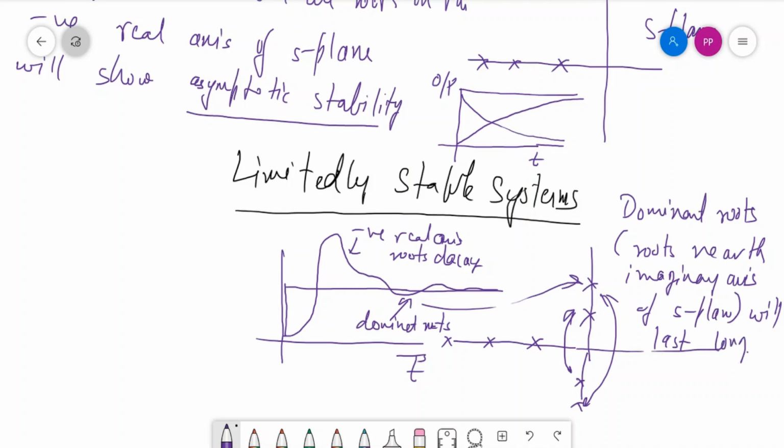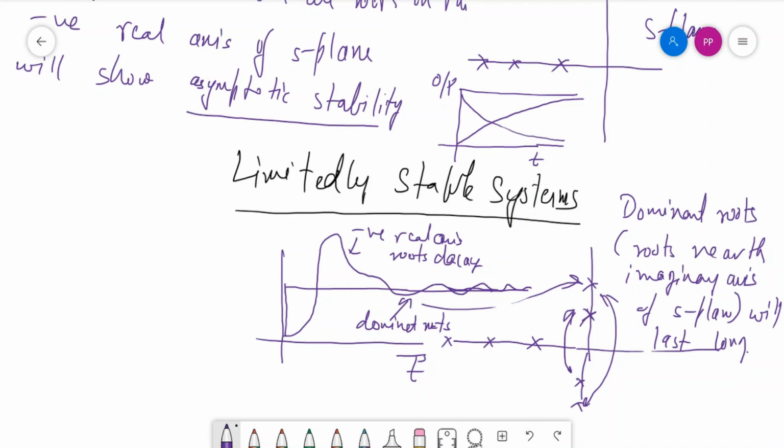So if there are complex roots on the imaginary axis, definitely there will be sustained oscillation in the output after the steady state is reached, and this is a big challenge in control systems, to cancel such root pairs or roots.